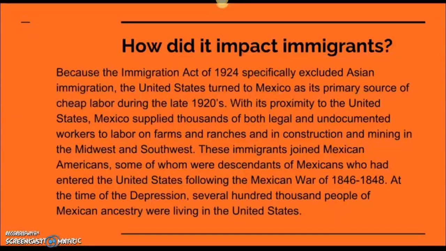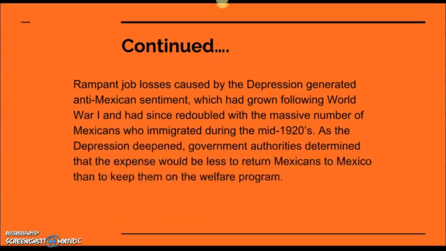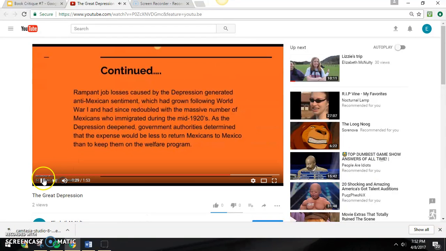These immigrants joined Mexican Americans, some of whom were descendants of Mexicans who had entered the U.S. following the Mexican War of 1846. At the time of the Depression, several hundred thousand people of Mexican ancestry were living in the U.S. Rampant job losses caused by the Depression generated anti-Mexican sentiment, which had grown following World War I and had since redoubled with the massive number of Mexicans who immigrated during the mid-90s.